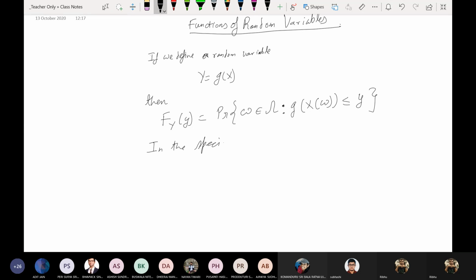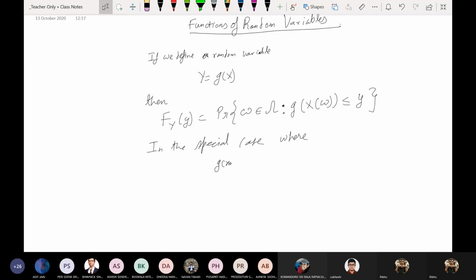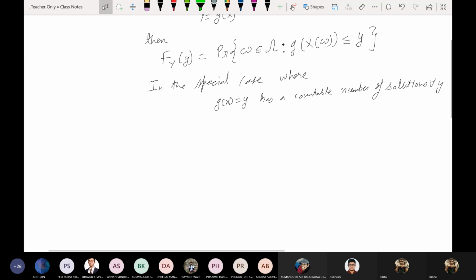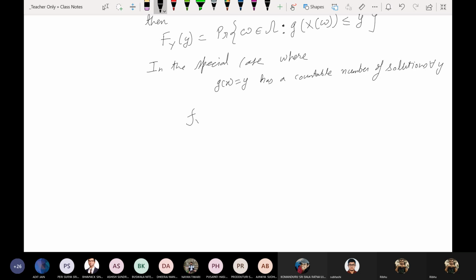In the special case where g(x) equal to y has a countable number of solutions for all y, f_Y(y) equals summation.